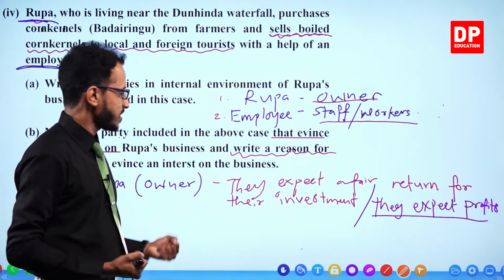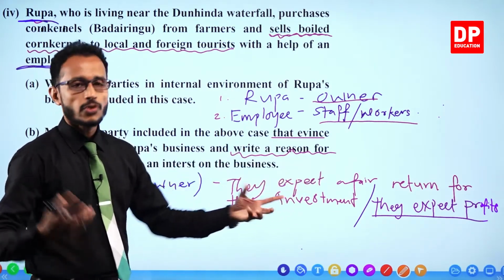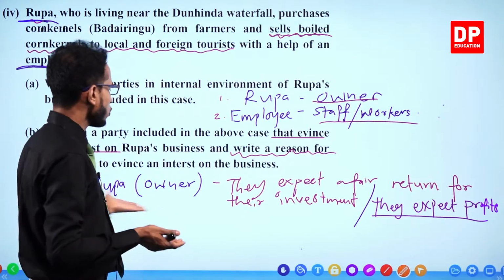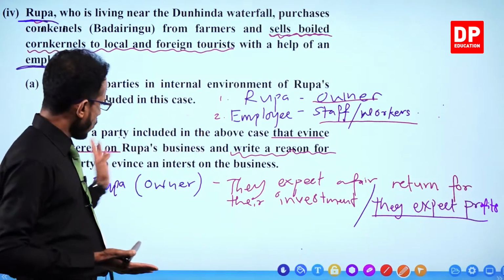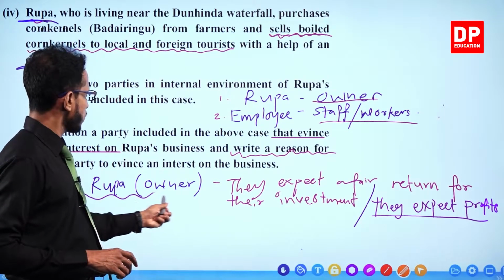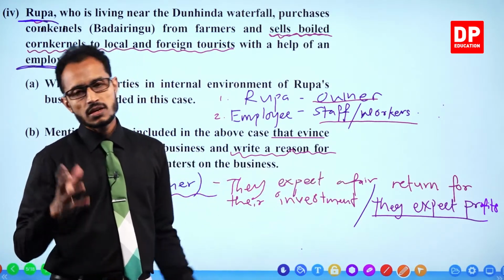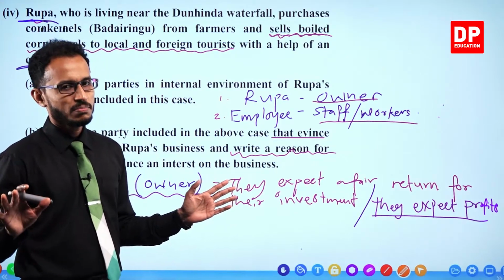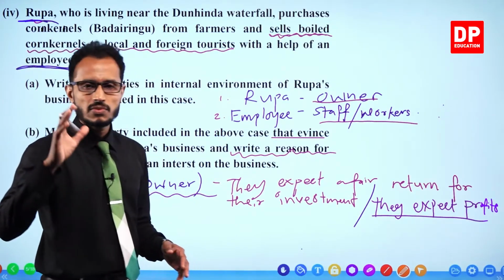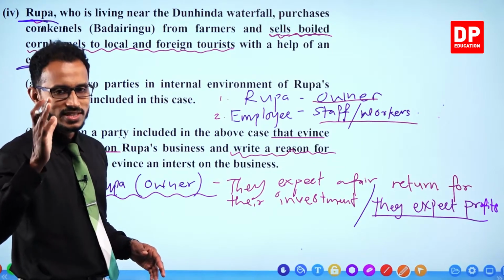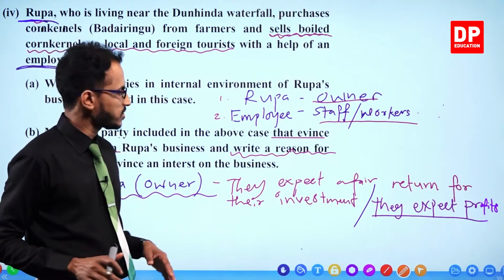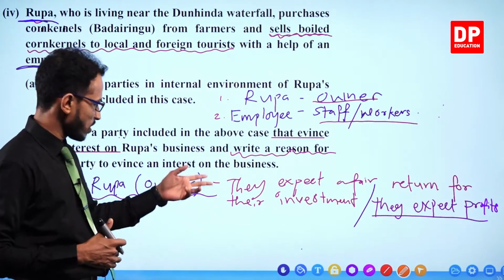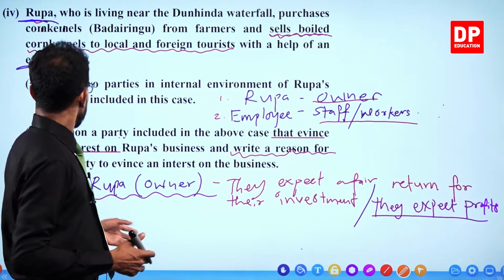The owners expect a profit from the business. That is why they are so interested. Such nursery things, you don't have to even think about it. Just write. You will get the answer as soon as you understand the question.